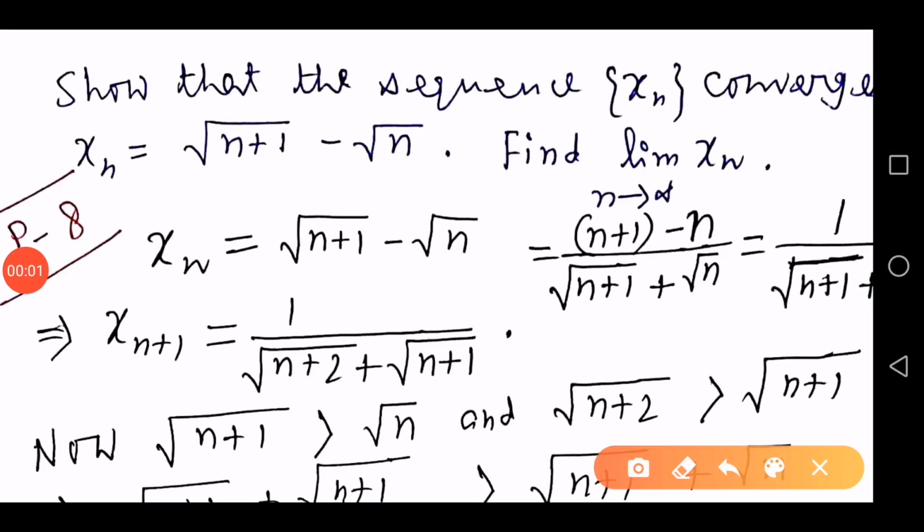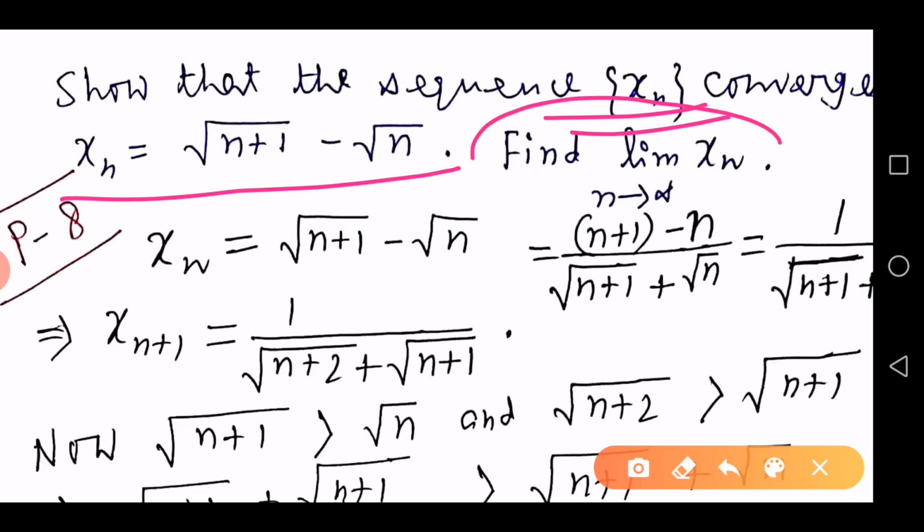Problem 8. Show that the sequence xn is convergent, where xn is given by xn equal to √(n+1) − √n, and also find the limit of xn, that is, where the sequence xn converges to. It is given that xn equals √(n+1) − √n.